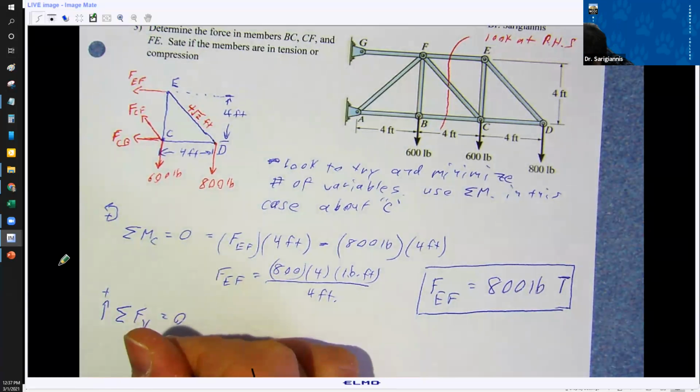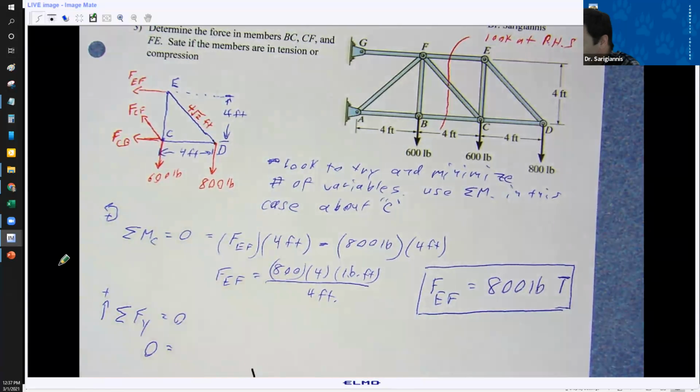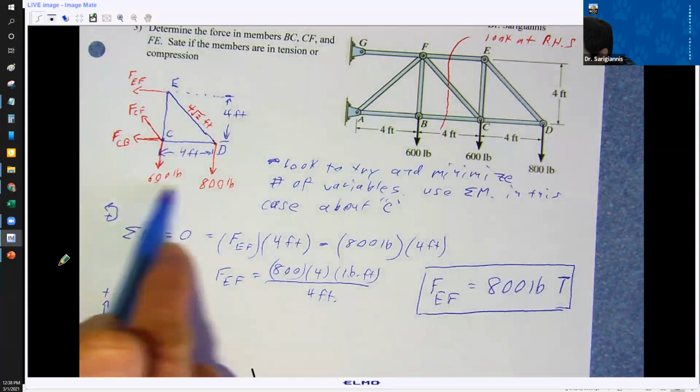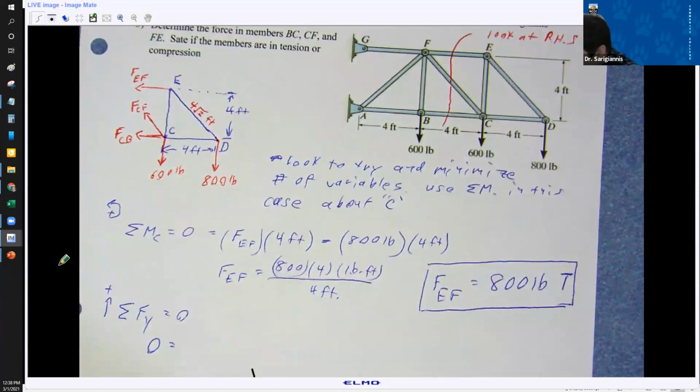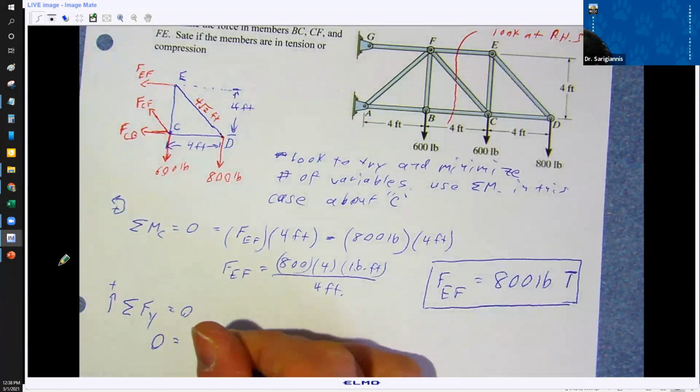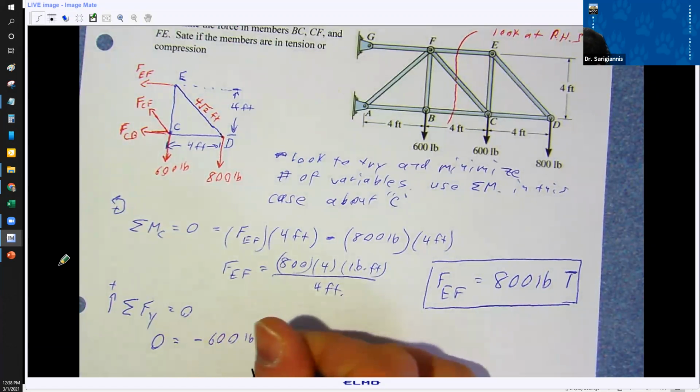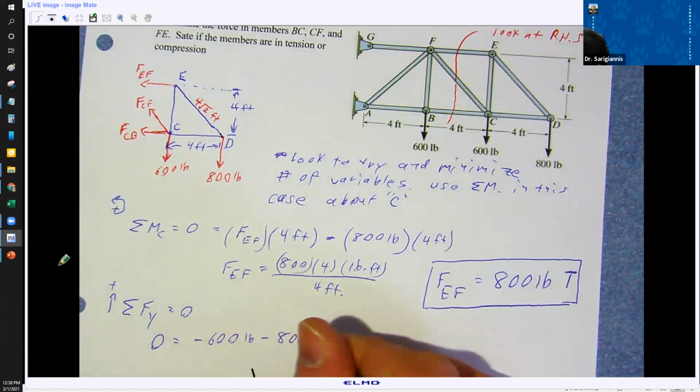So this is 0 equals, what are the Y forces? We've got the two applied forces in the negative Y direction. So we've got minus 600 pounds, minus 800 pounds.